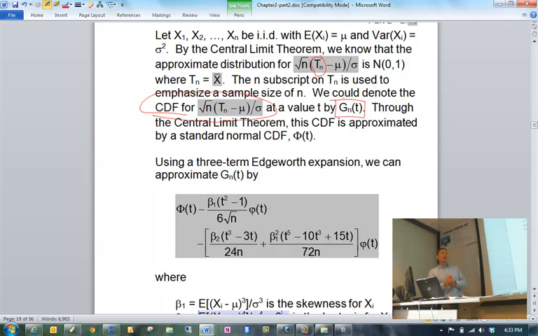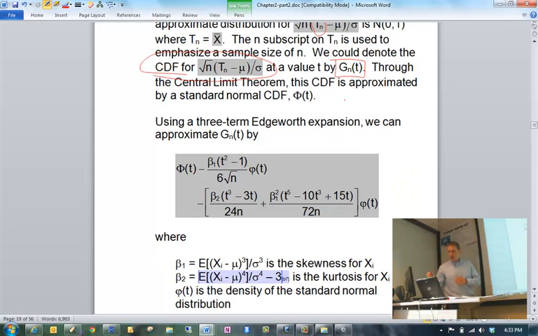Now, I guess I will ask this question again for those who have 980. Did you talk about Edgeworth expansions? But you did talk about the central limit theorem, all that good stuff, Lindeberg, Feller, all that. Now, what you guys don't learn, and what others in this class probably don't know, is that we can make this approximation better.